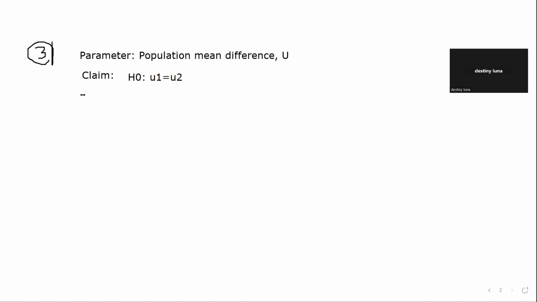I'm going to say that mu1 is the US rivers, and mu2 is equal to the European rivers, just so that we can keep that straight when we do it. Now, after we have the parameter, we have the claim, we need the method.